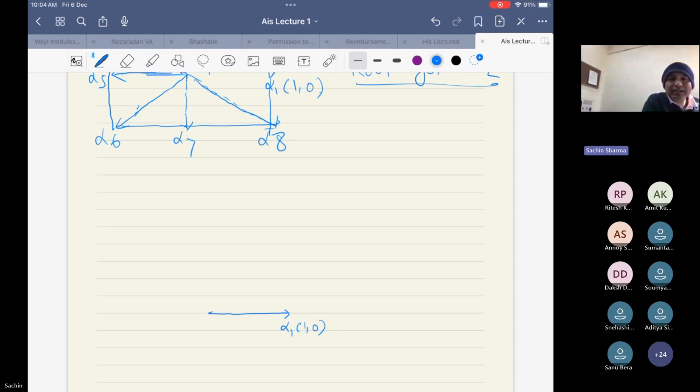What should be its length, Daksh? It would be 1 by cos pi by 3, which is 1 by half, times the cos pi by 6, and you have to multiply by root 3 actually, right? Yes. So this will be some vector here.